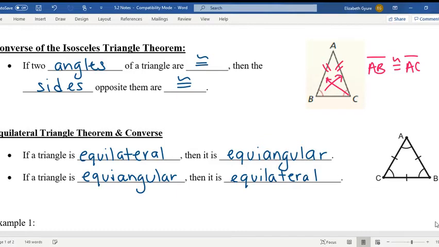So this diagram here is an example of an equilateral equiangular triangle. All the angles are congruent and all the sides are congruent. Who remembers what the angle measures have to be in an equiangular equilateral triangle? They all have to be 60. Why do they all have to be 60, Caden?